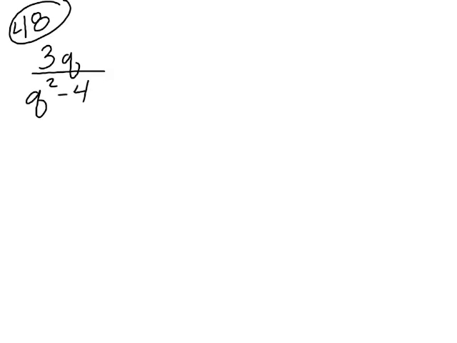Let's try 48. I have a 3q over q squared minus 49 minus 3 over 2q minus 14.